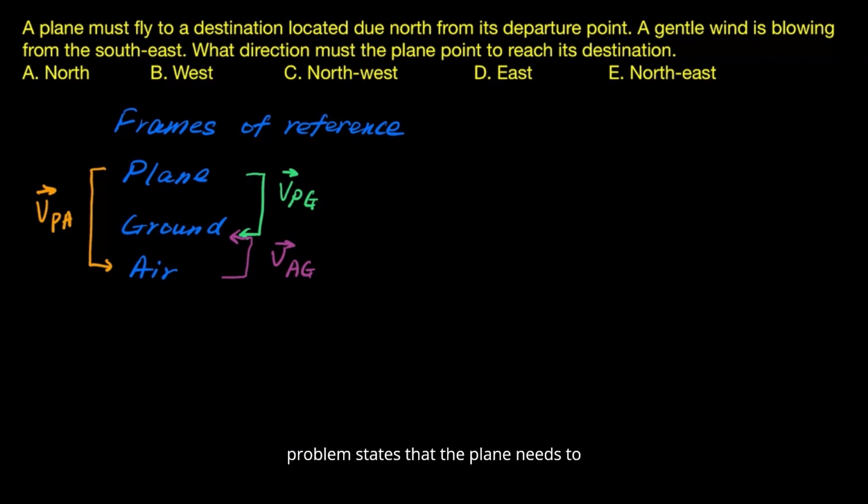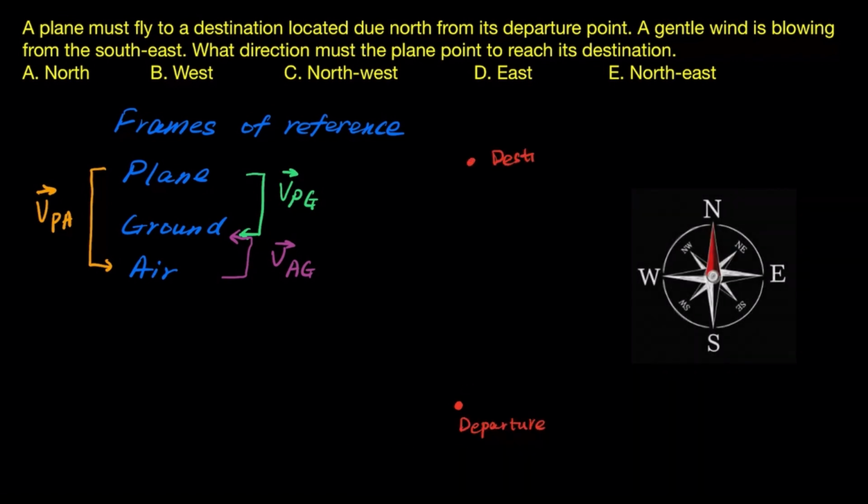The problem states that the plane needs to fly directly north from its departure point to its destination. So when we say that the plane needs to fly directly from the departure to the destination, it describes the velocity of the plane relative to the ground. So we have a vector Vpg pointing directly north.